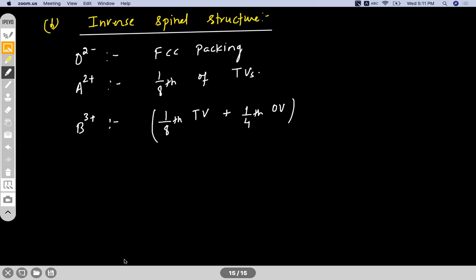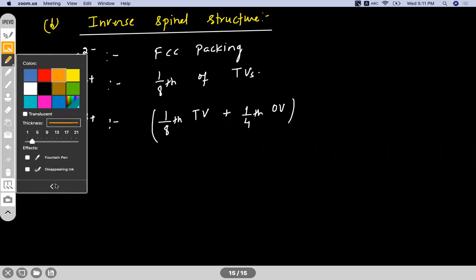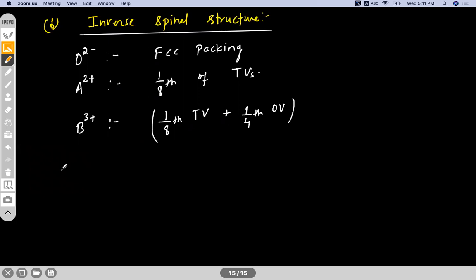Done? Okay. For the number of O2-, again you see here, it is 4. Number of A2+ is 1 by 8 into 8, that is 1.